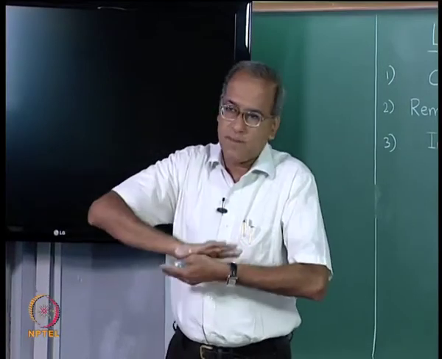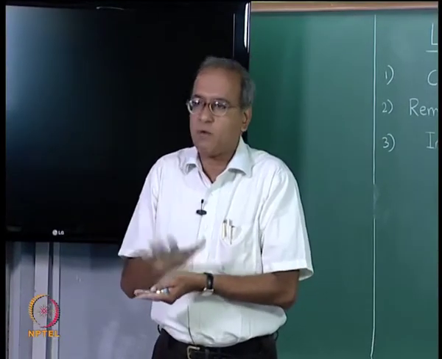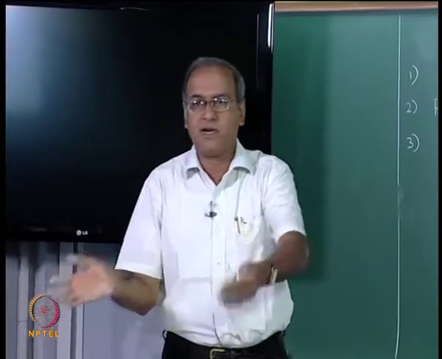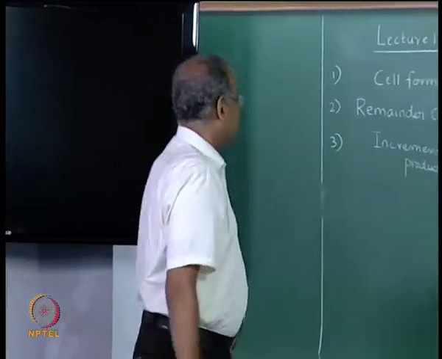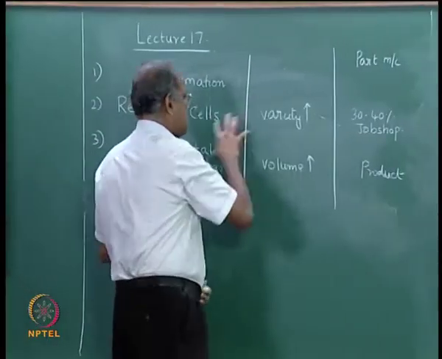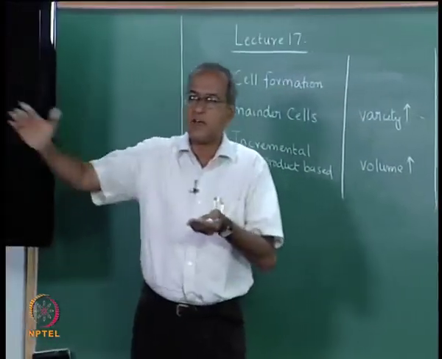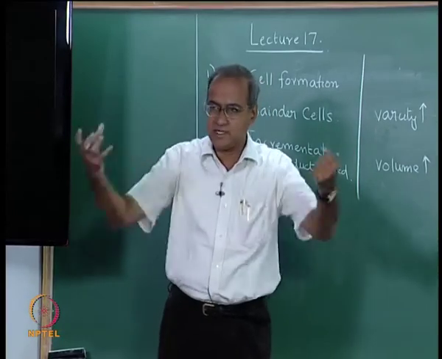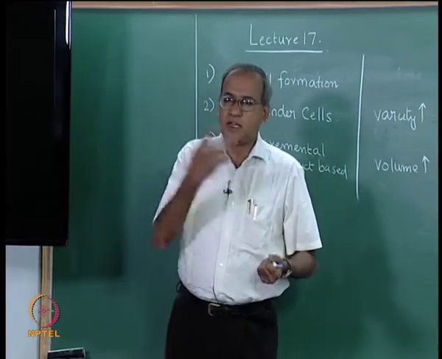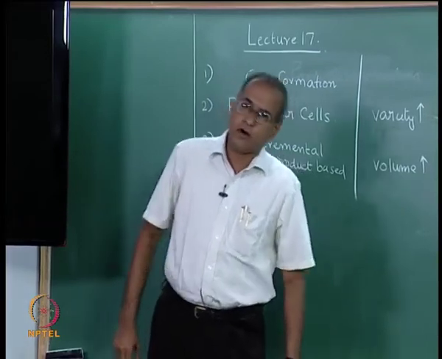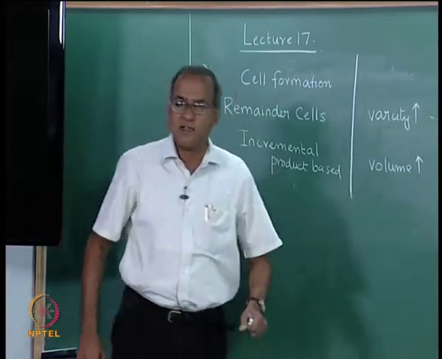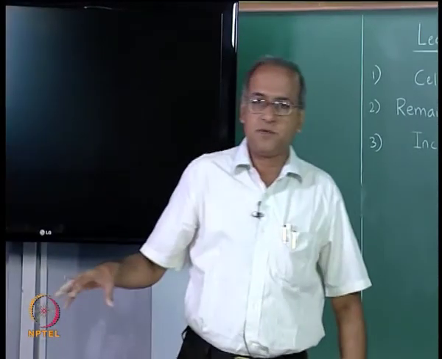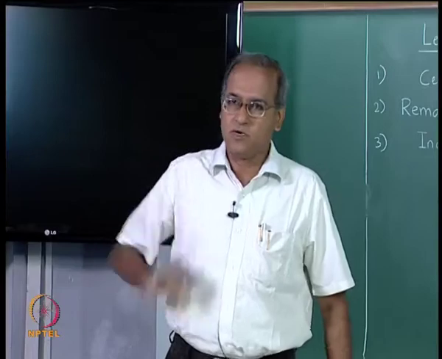So finally for a particular product we may require parts coming from different cells, and the product is assembled and produced. This is applicable to the same scenario, but there is a large variety, therefore we are unable to create independent cells which will make a family of parts. Therefore we have a common facility where some of them will go, you may call it a job shop, call it a remainder cell and so on.